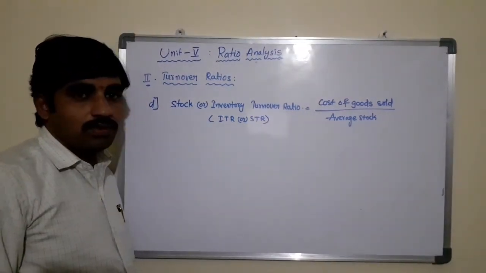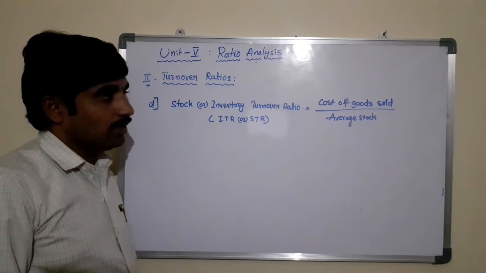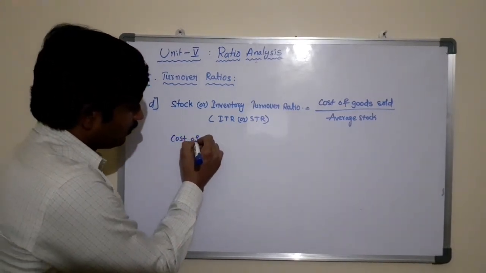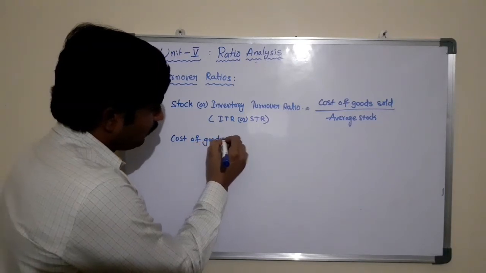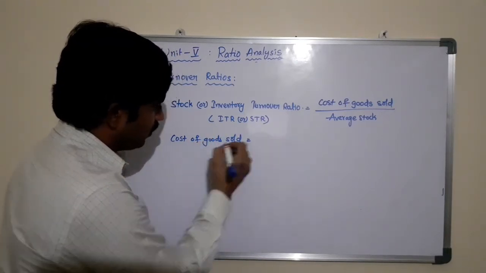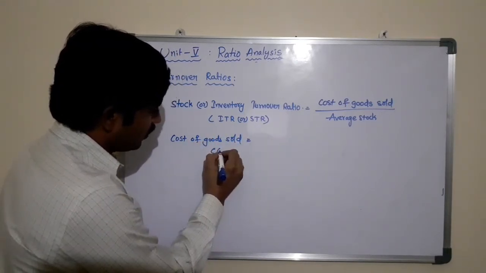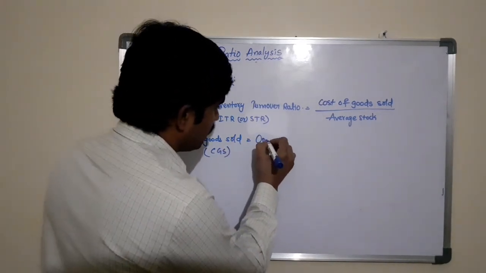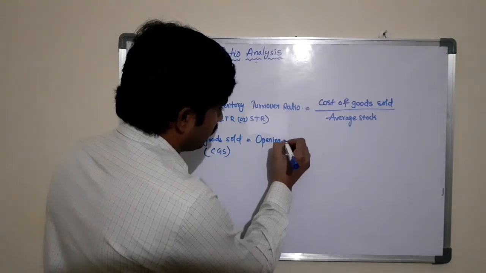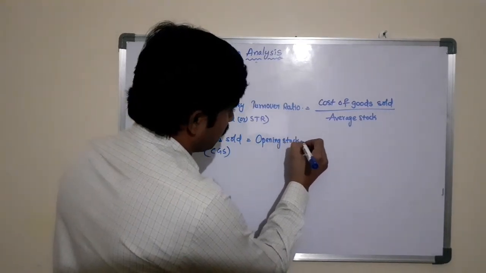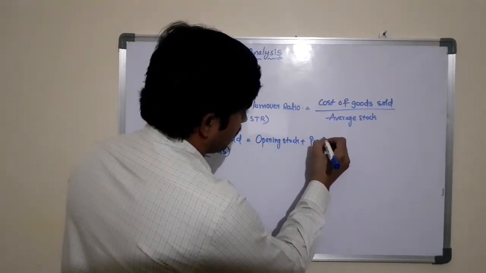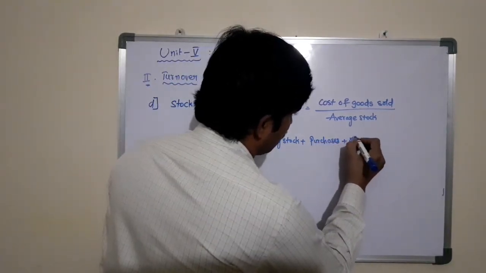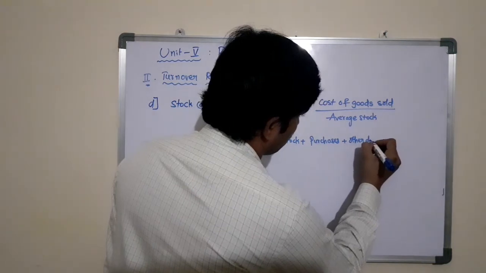Here cost of goods sold, also written as CGS, equals opening stock plus purchases plus other direct expenses.